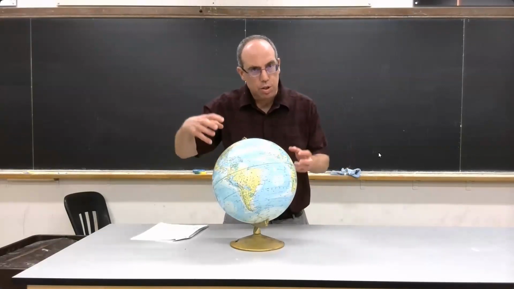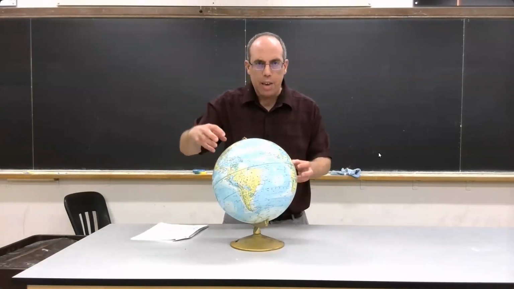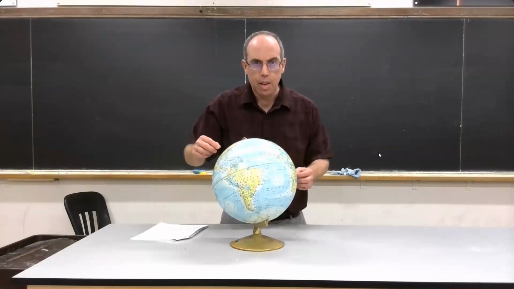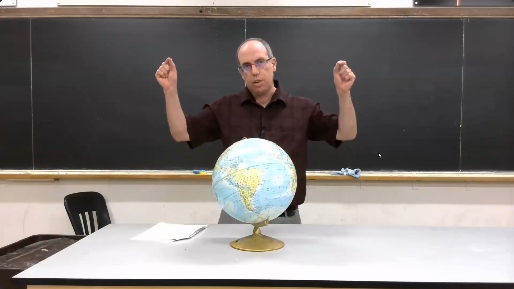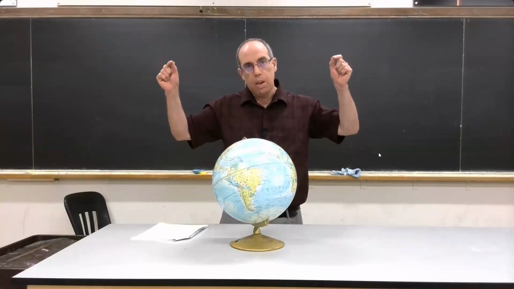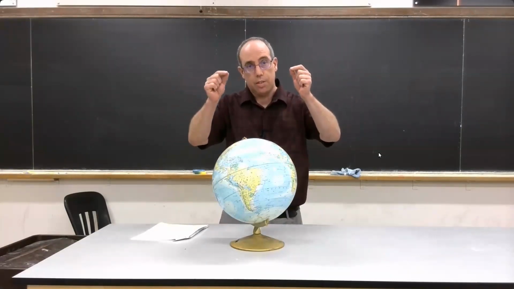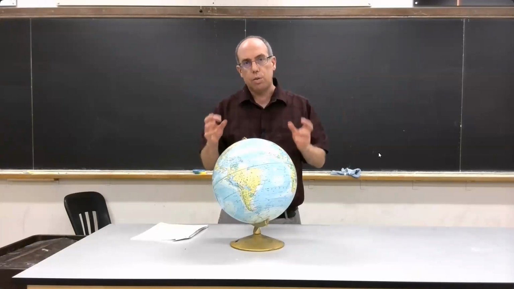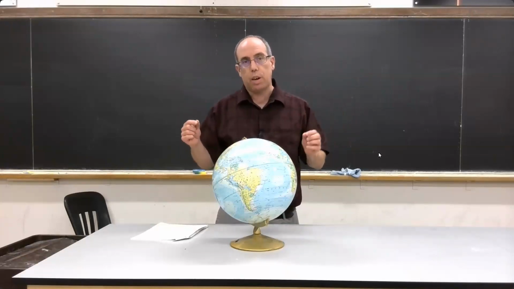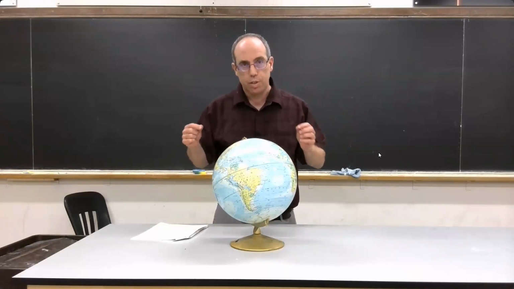So any object in the vicinity of the Earth is pulled towards the center of the Earth by the Earth itself. In fact, you can take any two objects anywhere in the universe, and those two objects will exert forces on each other, which tend to pull the objects together. All of those are examples of what we call gravitational forces.